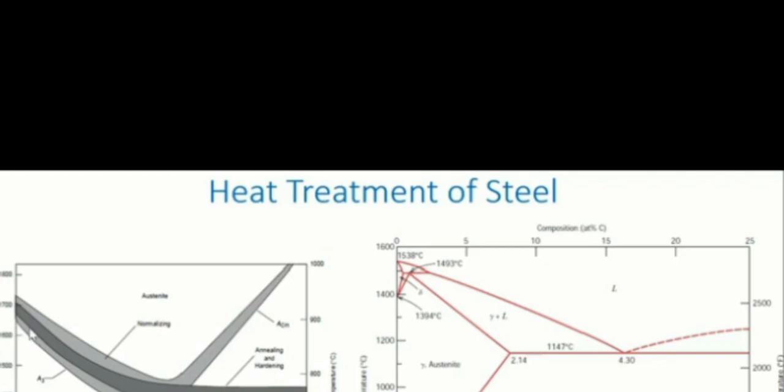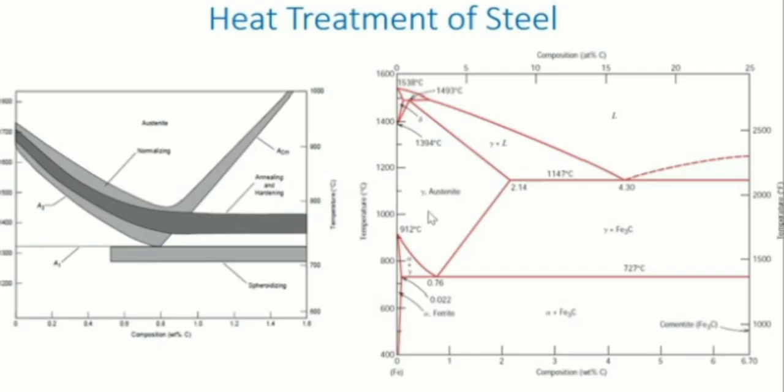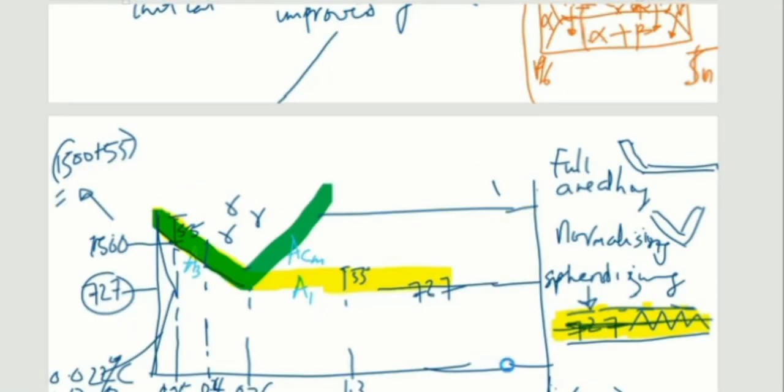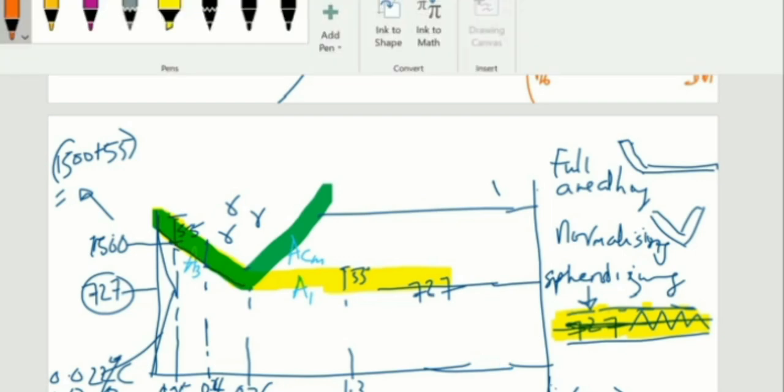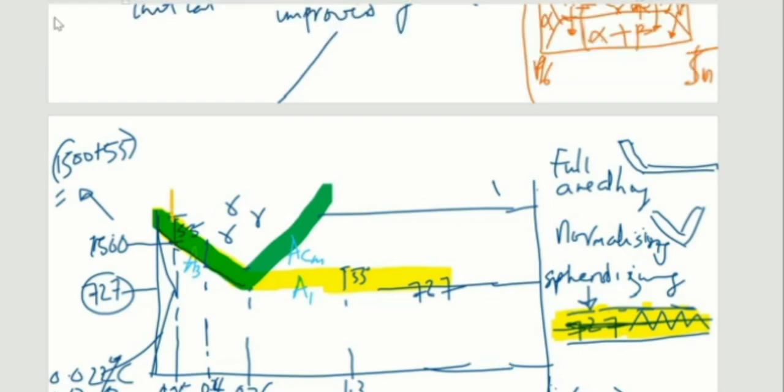For the normalizing, it can be austenite or austenite plus cementite, right? While for the full annealing, you are only heating to austenize. For the normalizing, it's only within this region. For the austenizing, it's only within this region, right?